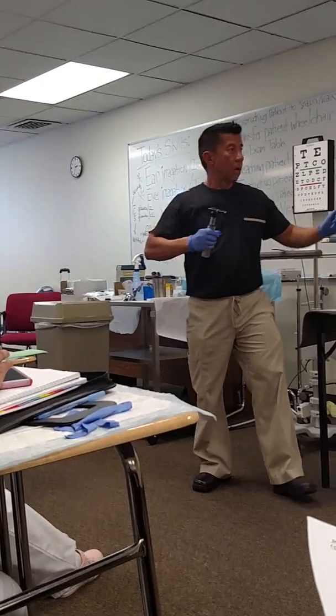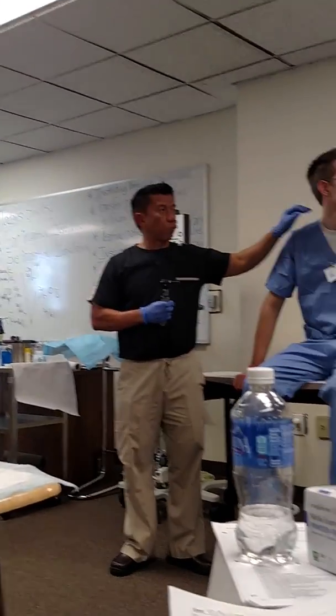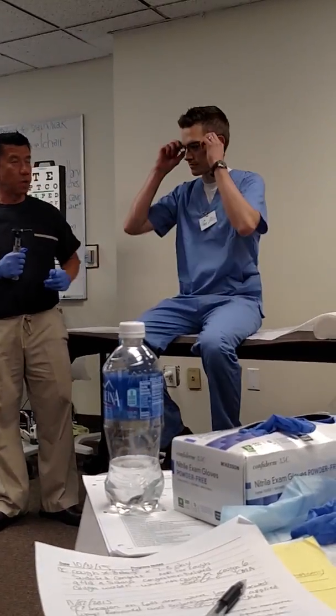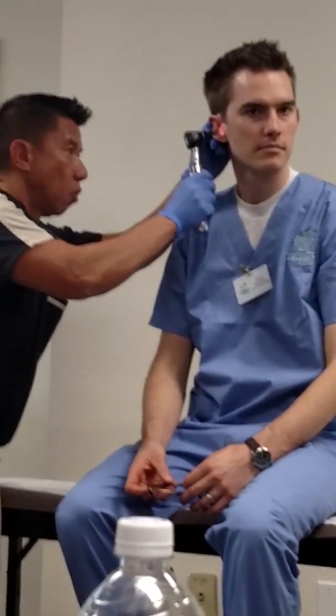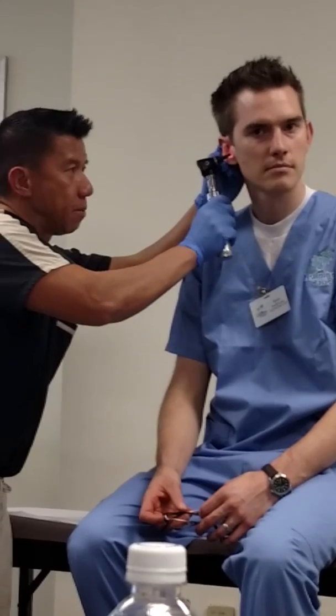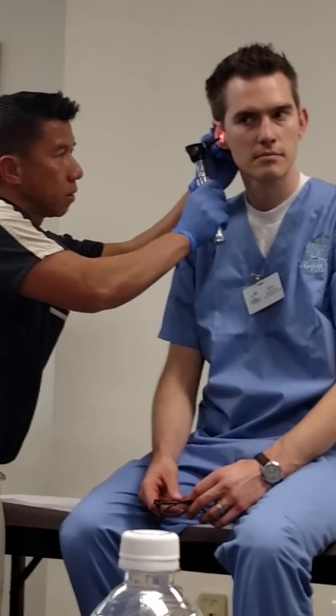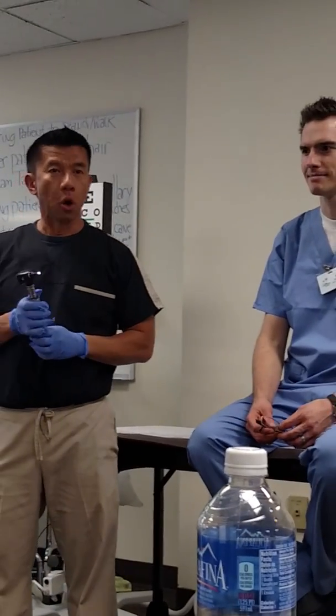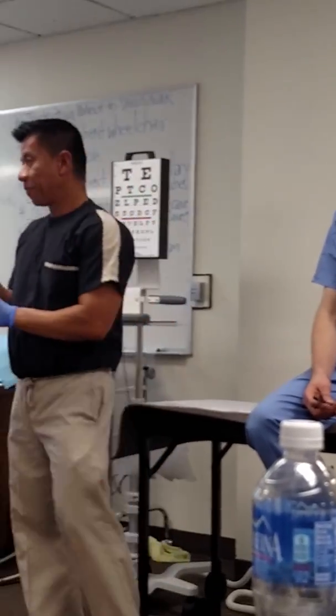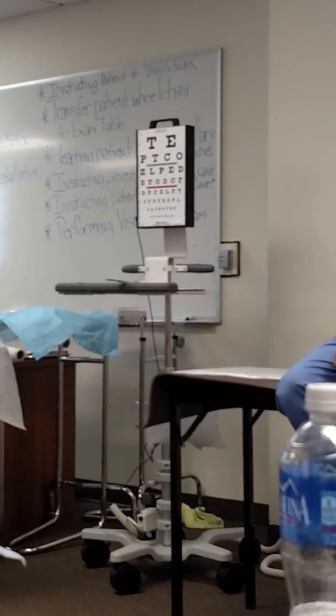Just open. I'm going to check the right ear. I'm going to have you remove your glasses for me, Eric. Normally the doctor will examine, and then you will also examine the ear. Okay, it looks like we have a lot of impacted wax, so we have to remove it.